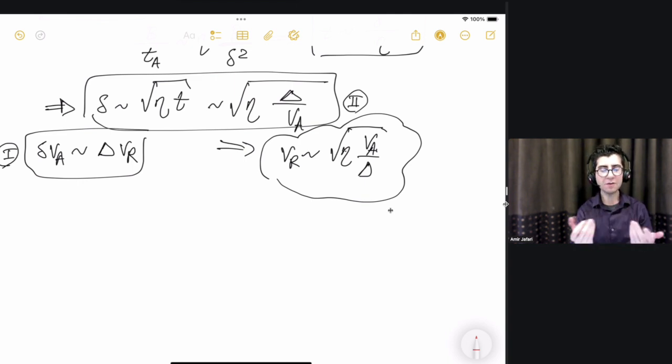But a simple procedure of coarse graining, averaging the equations, would suffice in this case, and you'll see that you get a nice picture for magnetic reconnection, which is compatible with observations and numerical simulations. Okay, it's called turbulent magnetic reconnection, and it's the subject of a couple of lectures.